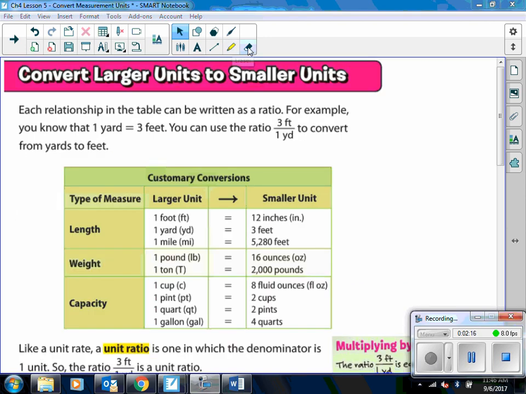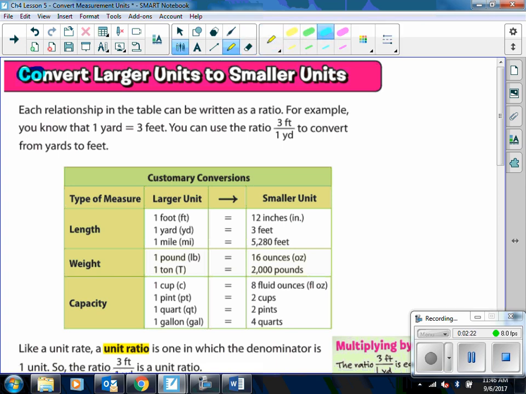So now we're going to convert larger units to smaller units. So here it says each relationship in the table down here can be written as a ratio. For example, we know that 1 yard is equal to 3 feet. We can also use the ratio 3 feet to 1 yard to convert yards to feet.